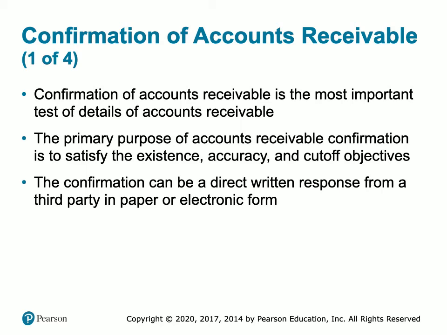The next slide will talk about situations where you may not need to. But again, you don't want to be trying to say, I didn't think it was necessary. You want to have very specific reasons for not confirming accounts receivable if you've made that judgment.